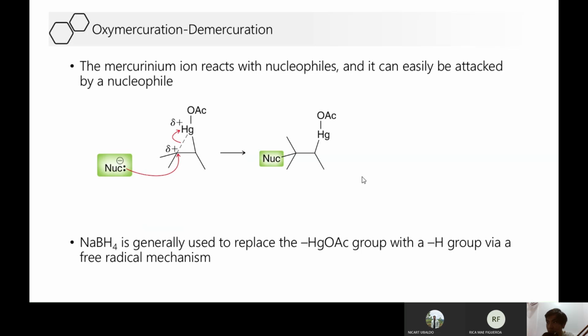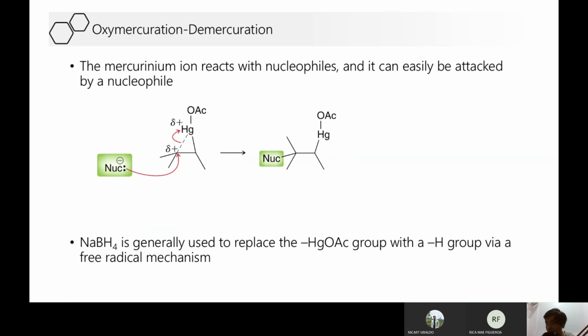Then finally, the demercuration. Okay? In this demercuration, what you do is react this molecule with sodium borohydride, NaBH4. The purpose is for hydrogen to replace the mercury here.